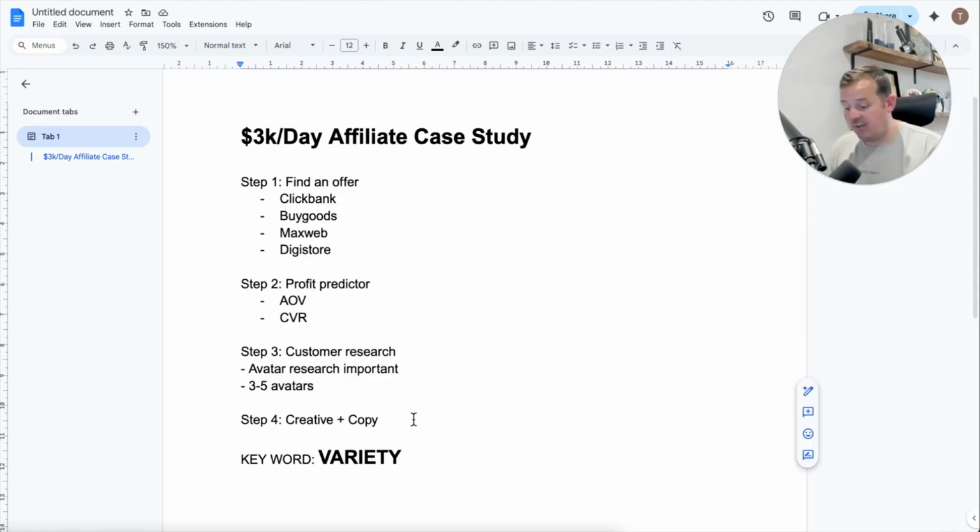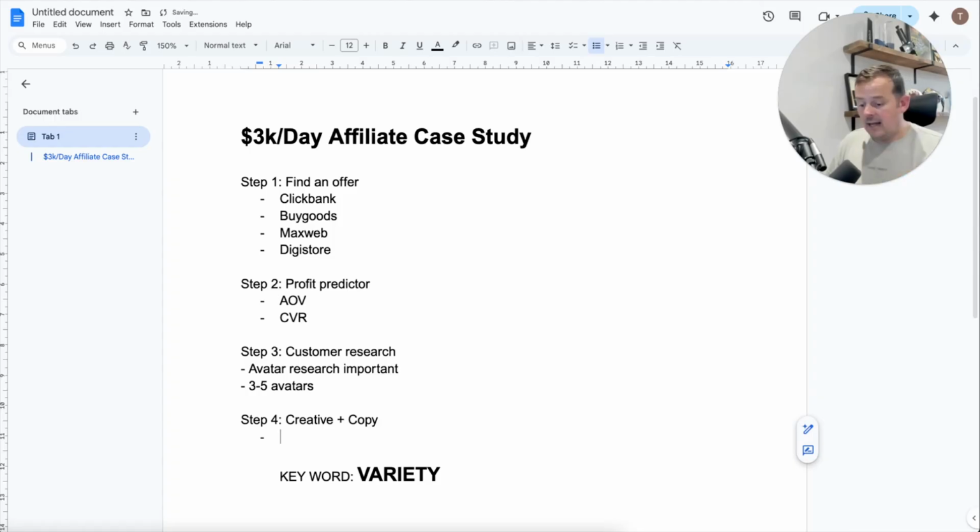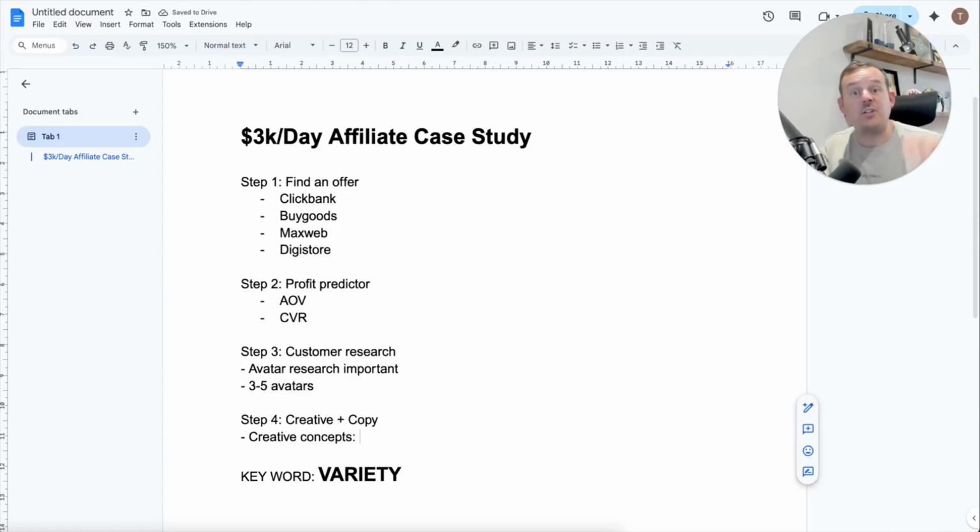Now with creative and copy, again, I want variety. So I like to label these as creative concepts, okay? Creative concepts would be quad image, which is a quadrant, right? An image split into 4 corners or 4 quads, with whatever in those different quads.